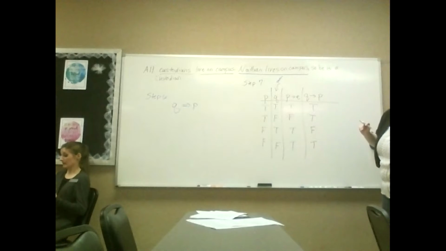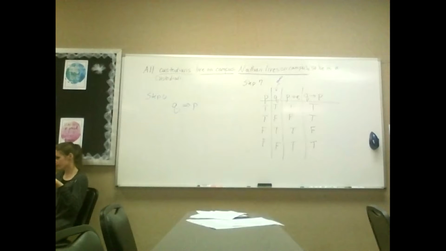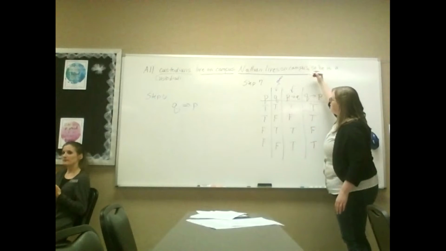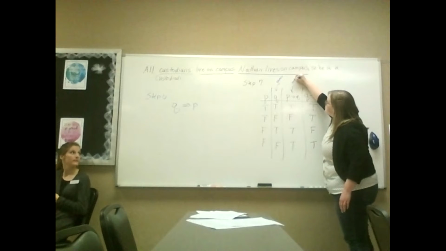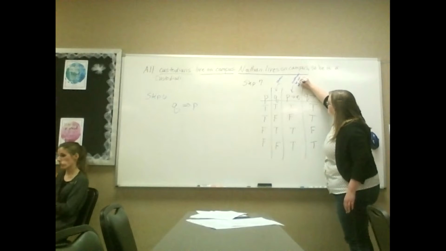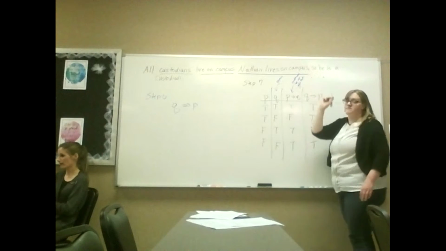Now, what was our answer on step 3? P implies Q, because that is the conditional statement for our solid fact written in variables. So this column is the conditional for our solid fact.